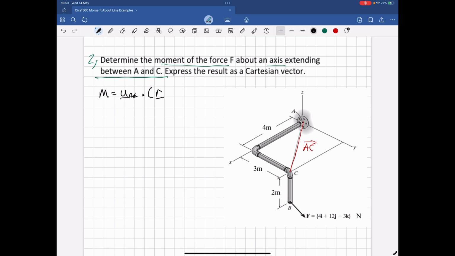So you can see that might be BC, or it might be a vector from A to B. So that could be any position vector, crossed with the force vector.